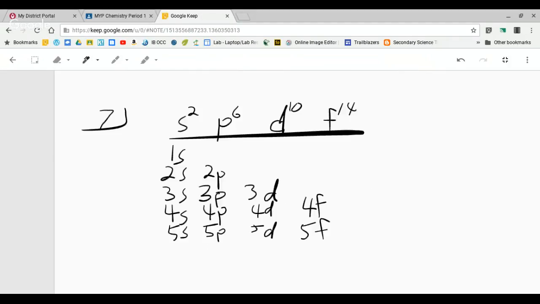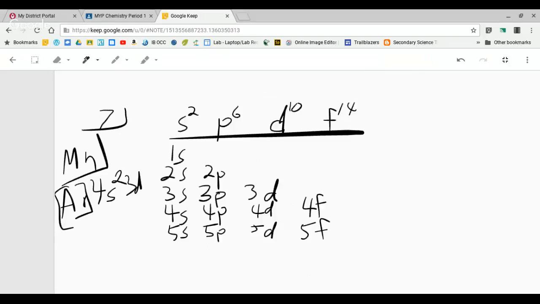So the question was asking about manganese. The thing about manganese, they tell you its noble gas configuration is Ar 4s2 3d5. Argon, I believe, has 18 electrons.